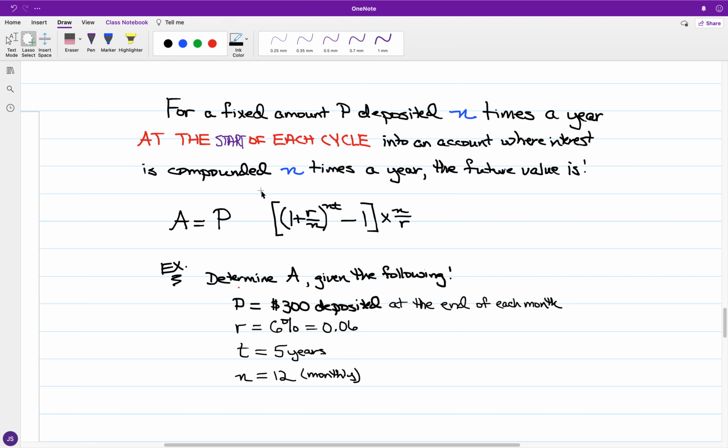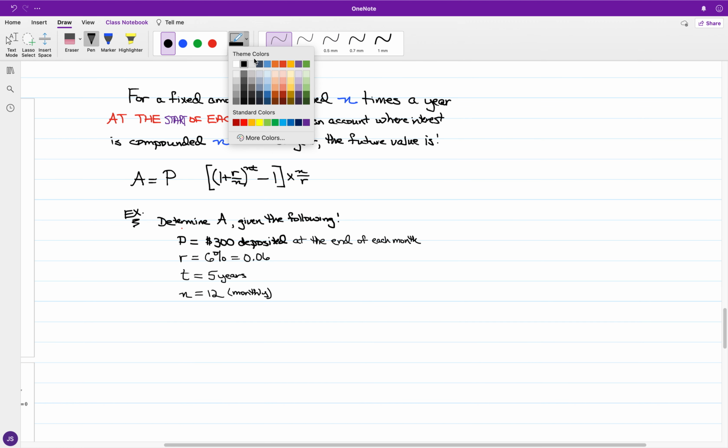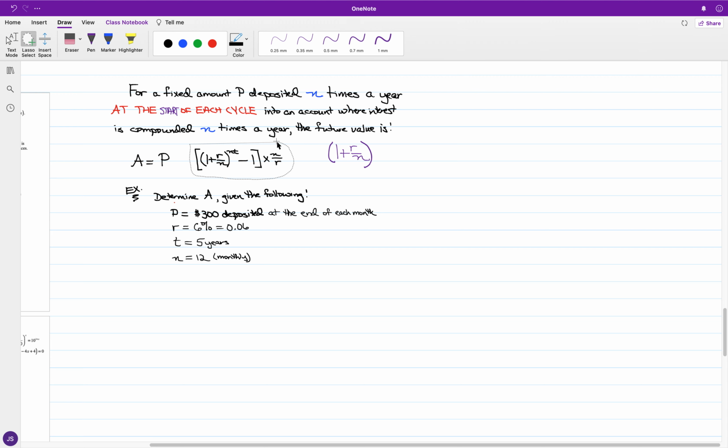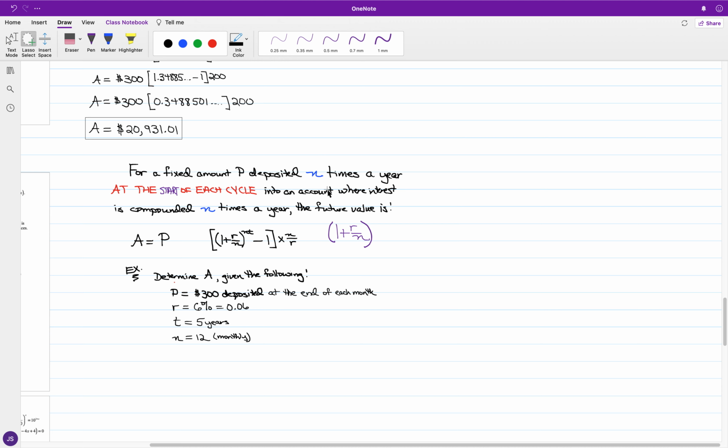The difference between the maximum and minimum is just going to be one particular factor, and that is 1 plus R over N. So it's the traditional annuity formula, but for the theoretically maximum attainable balance, you throw in the factor, namely the quantity 1 plus R over N. That's going to be the maximum that we have here.